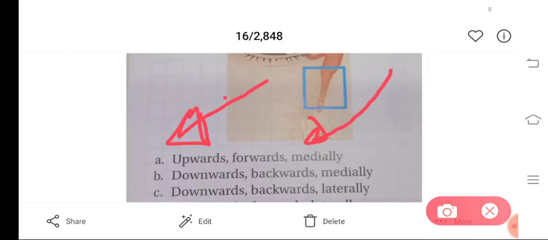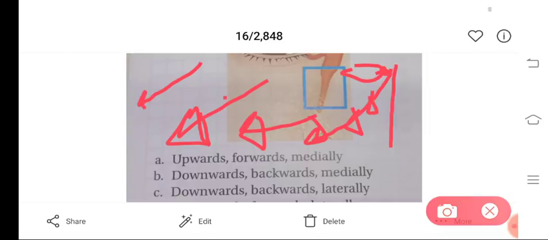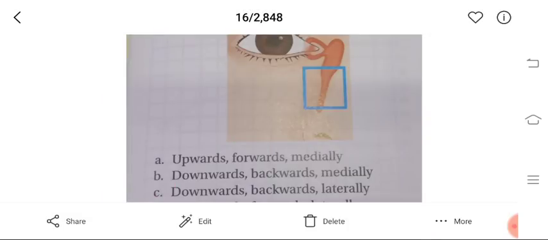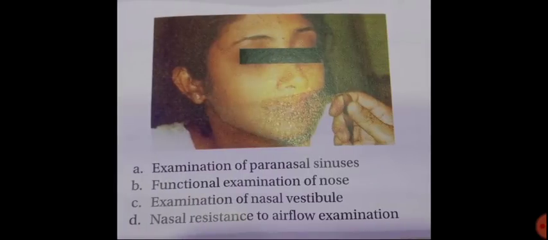If you assume this as your nasal septum, this is your eye, this is your medial canthus, then it is going downward, backward and laterally, meaning away from the mouth. This is the midline, then it is going downward, backward and laterally. So this is the normal direction of the nasolacrimal duct. I hope you won't forget.